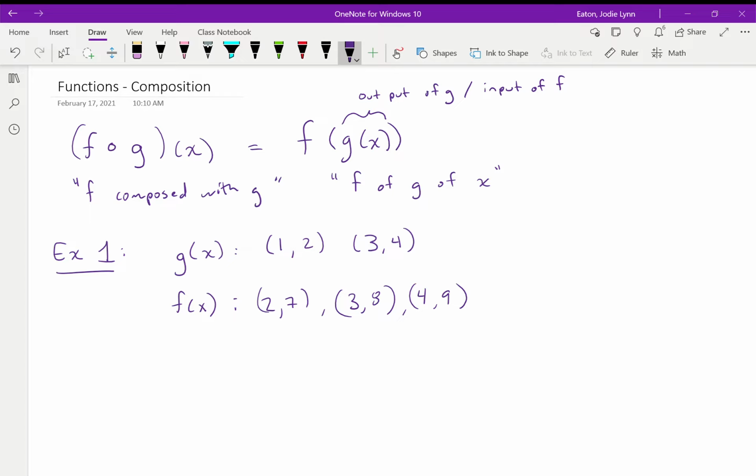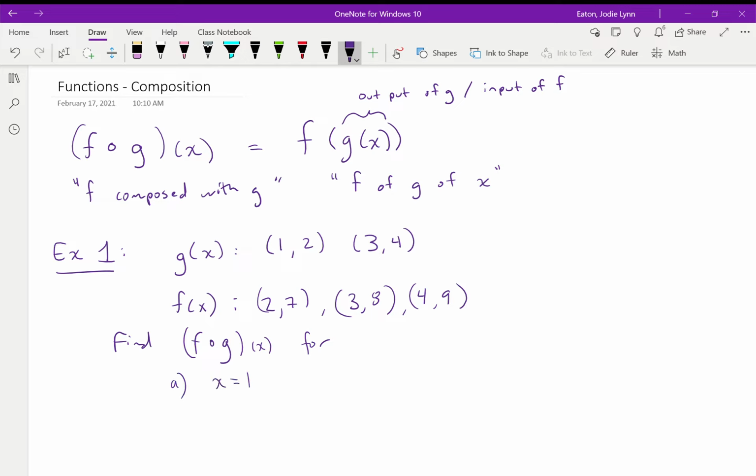What we want to do is find f composed with g of x, let's try it when x equals 1.